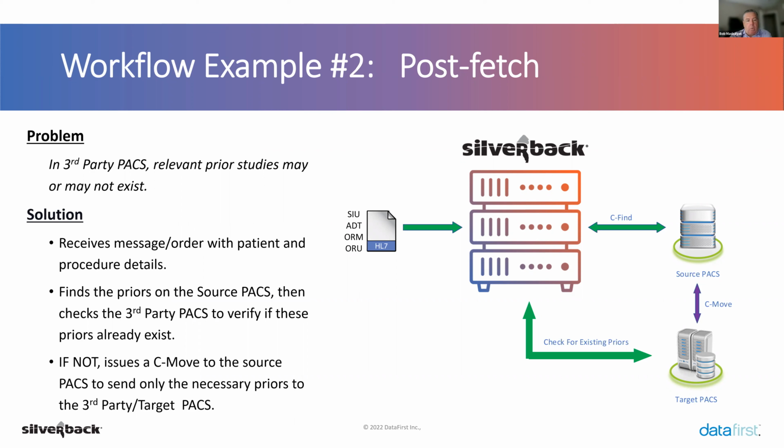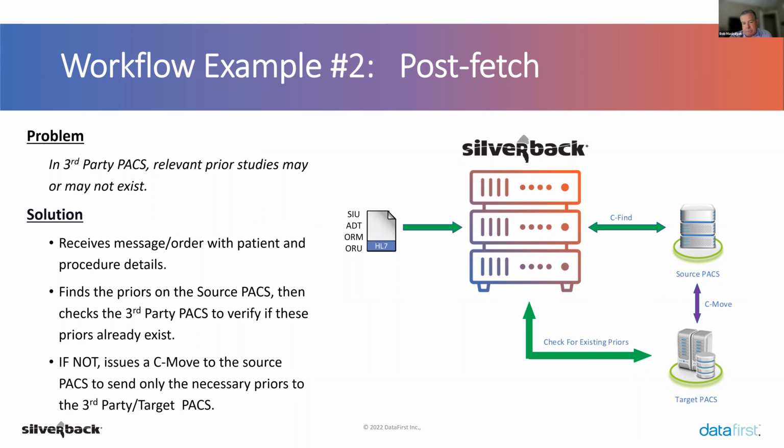So once that decision was made, an order was sent to our Silverback engine, and what we would do is we would go out and interrogate the source PACS system for all of the things that would match the relevancy criteria to be considered a prior.